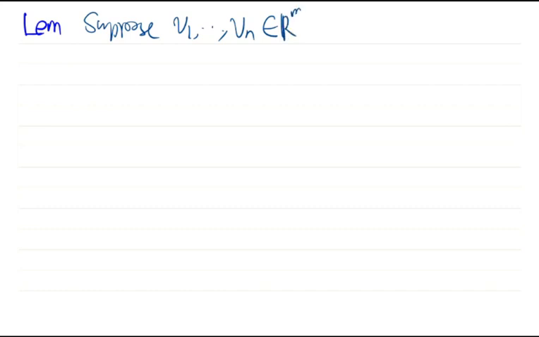Finally, we provide the third proof of the Lagrange multiplier theorem. To this purpose, we need the following lemma from linear algebra. Suppose v1, ..., vn are vectors in Rn which are linearly independent, and v is a vector in Rn.